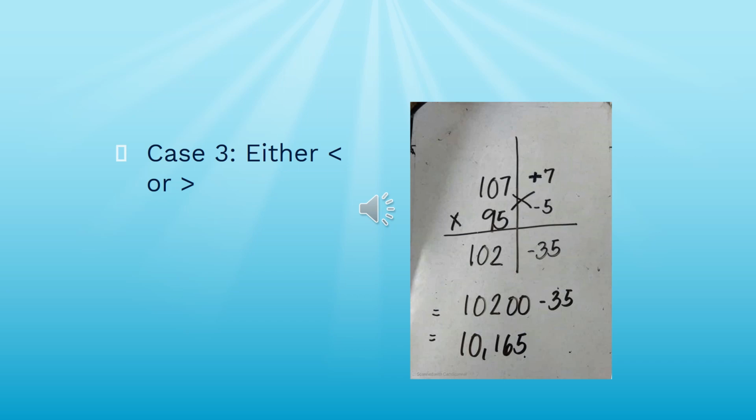The next step would be to multiply the distances. Positive 7 times negative 5 is equal to negative 35. And I need to add that to 10,200. Adding a negative number also means subtracting it from the bigger number. So this is 10,200 minus 35, which is equal to 10,165, the final answer, by the way.